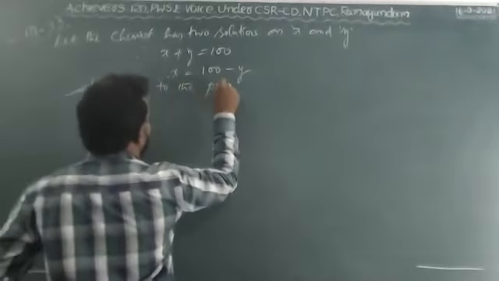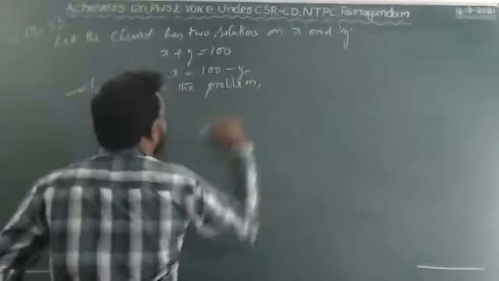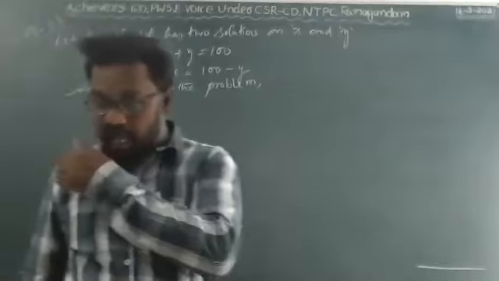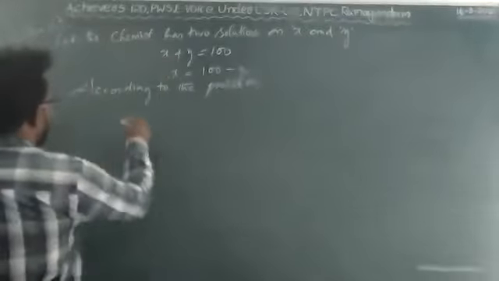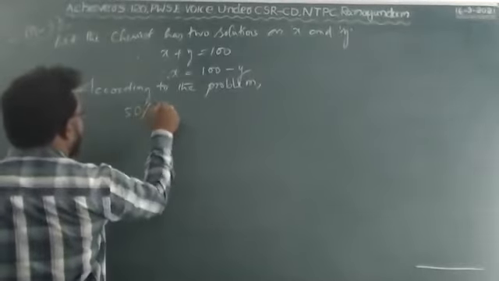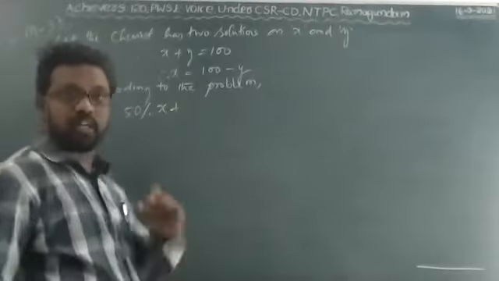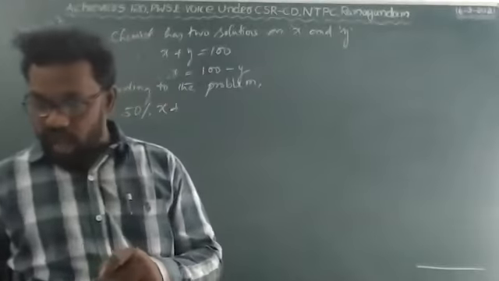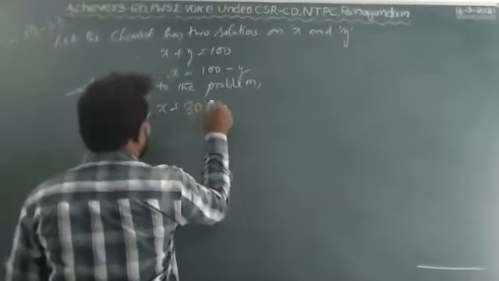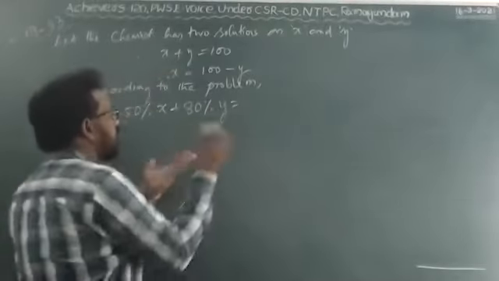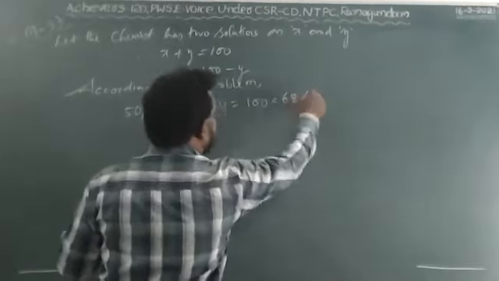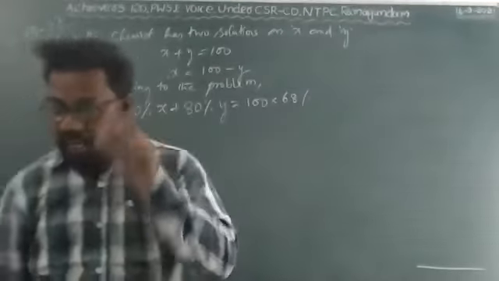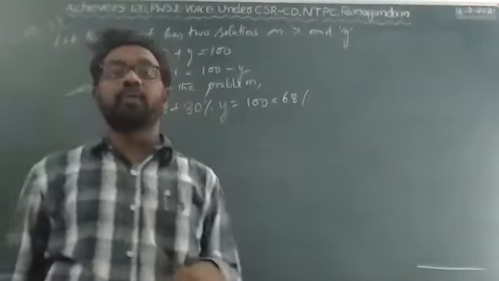And according to the problem, one more condition is there. What is that? That is 50% of one solution and 80% of the other solution, mixed to make 100 ml of a 68% solution.